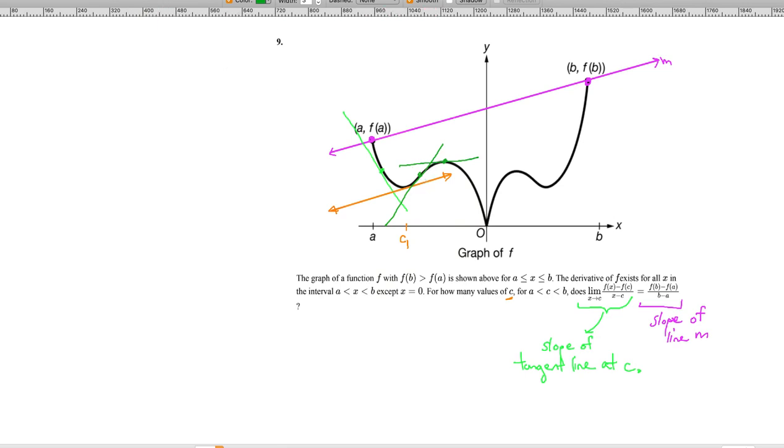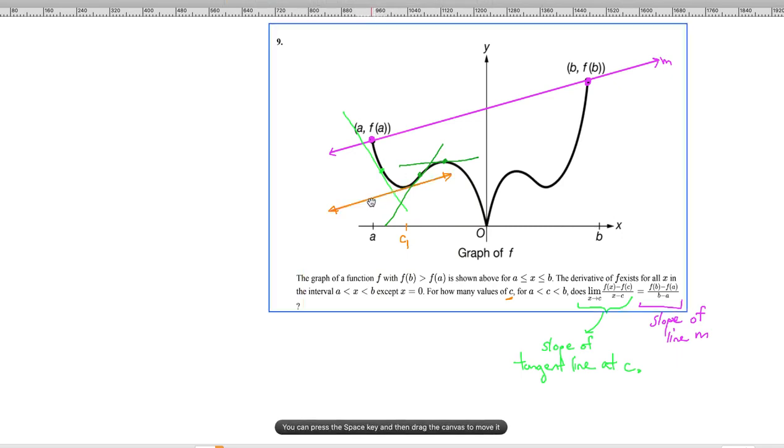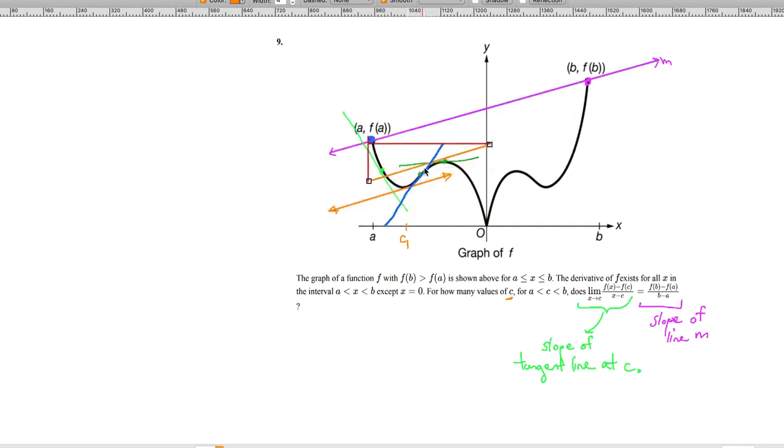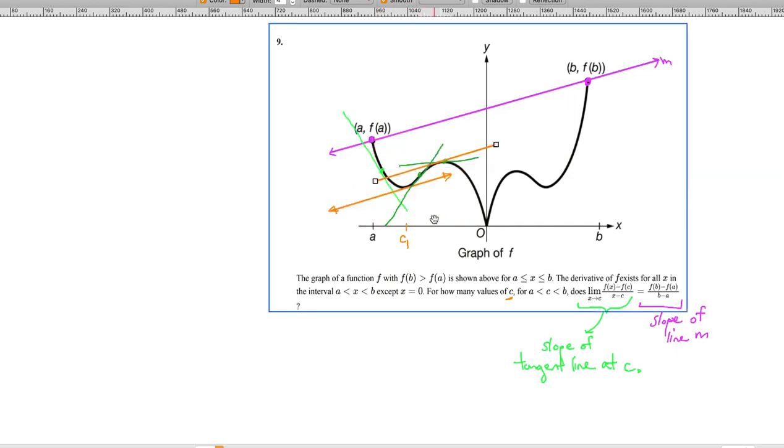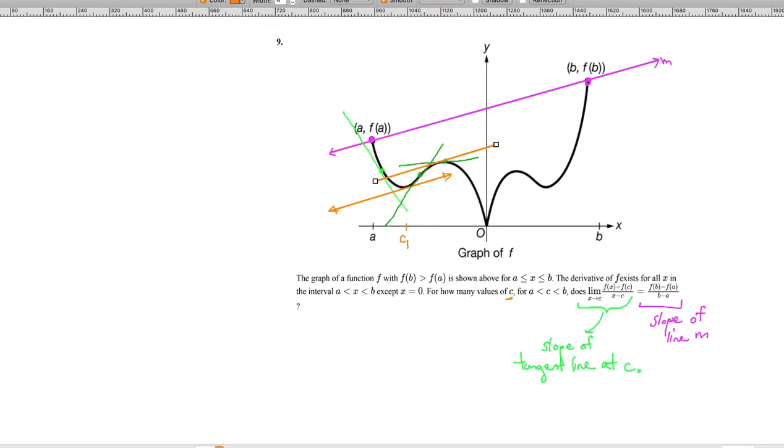I'll copy this, paste, and try to match it up. And there is going to be some point like right there. And if we look at this orange curve again, this is going to be some C2 right here, where the slope of this line is parallel with the secant line. So now that's 2.